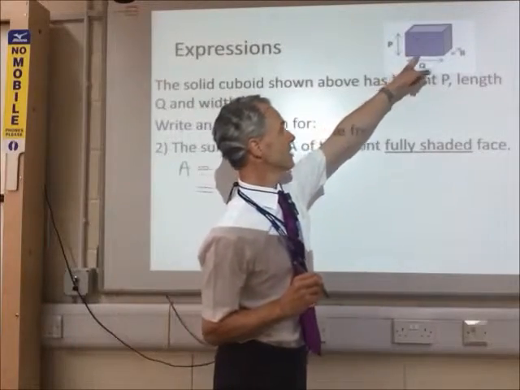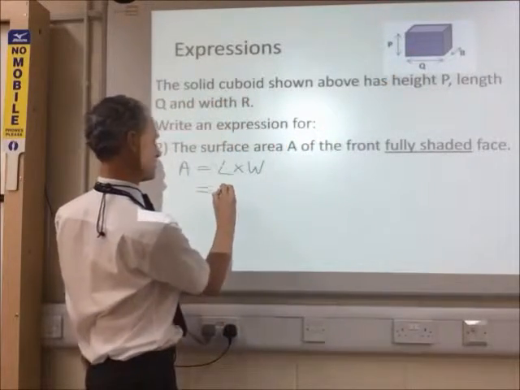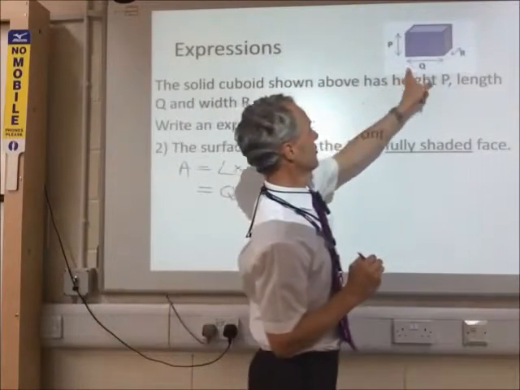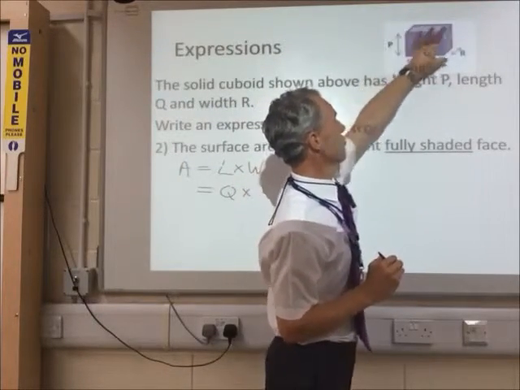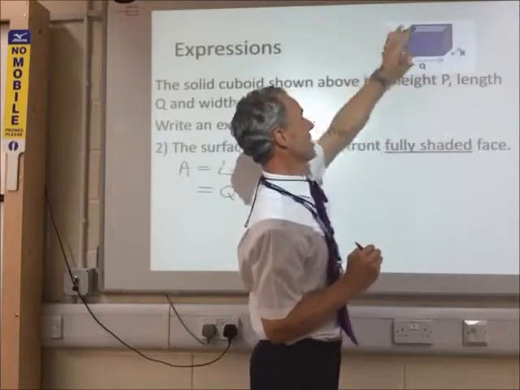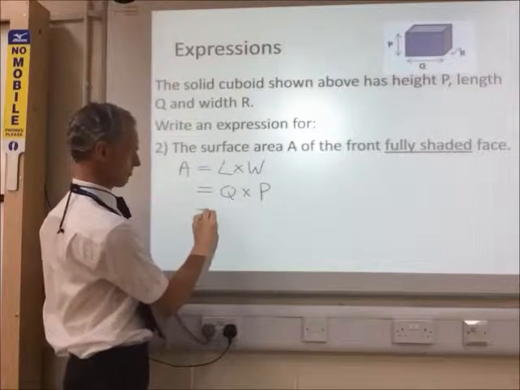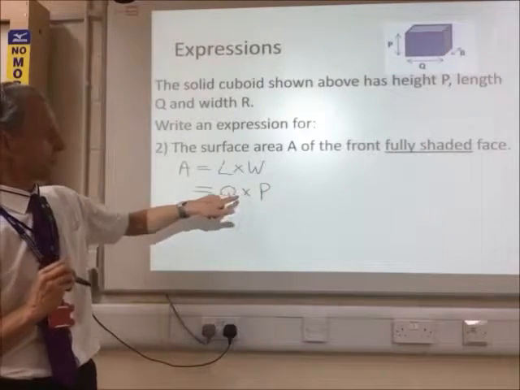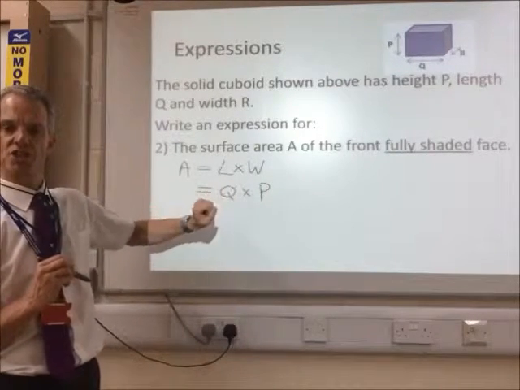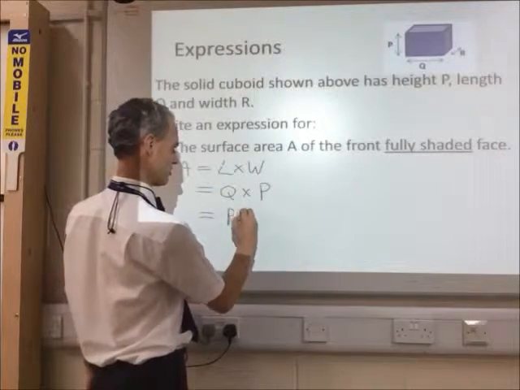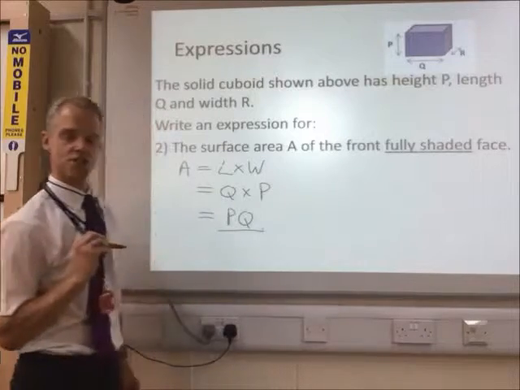So in that shaded face there, the length of it is q times by the width of it. I mean, although it's actually going upwards, that's the width of that flat face there. So the width is p. Q times p. But again, I'm going to rewrite that without the multiplication sign in there because I don't need that, and I'm also going to put it in alphabetical order. So I'm going to rewrite it as the area is pq.